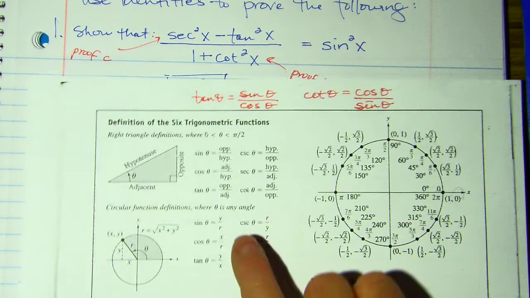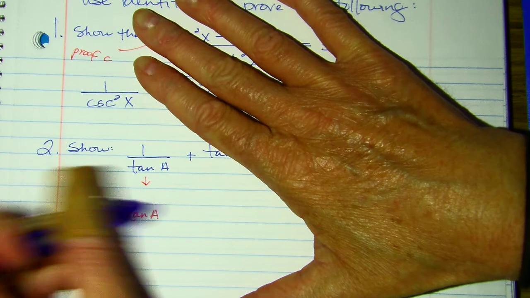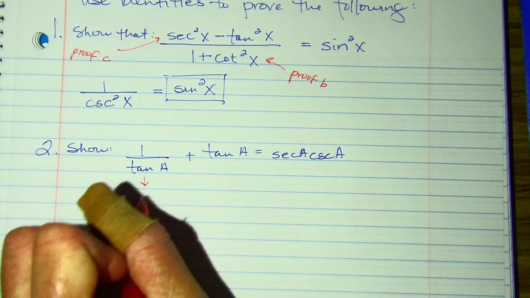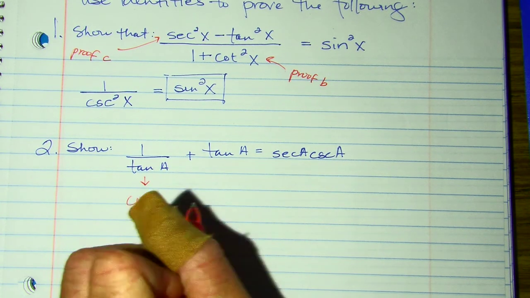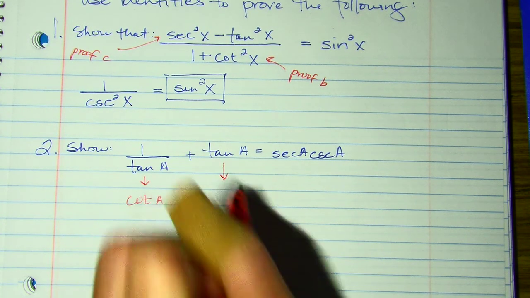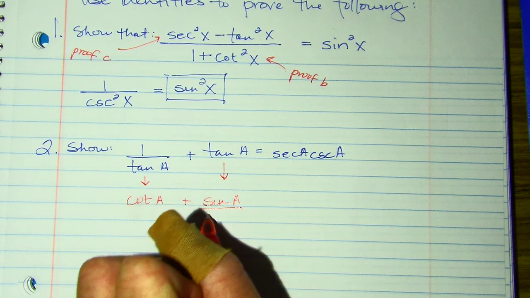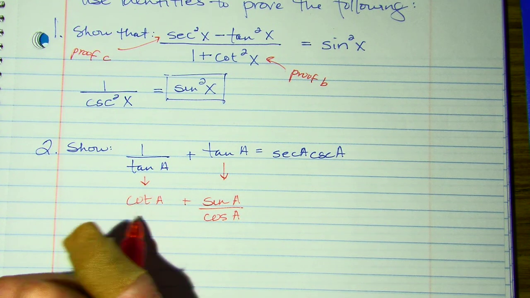So if this helps, let me do this in smaller steps. I know that this equals the cotangent of A. Okay, and then plus, I know this is the same as the sine of A over the cosine of A. And then I'm going to rewrite this one.